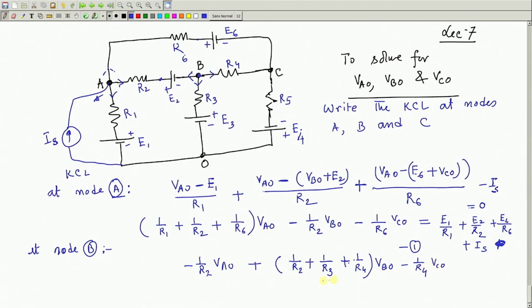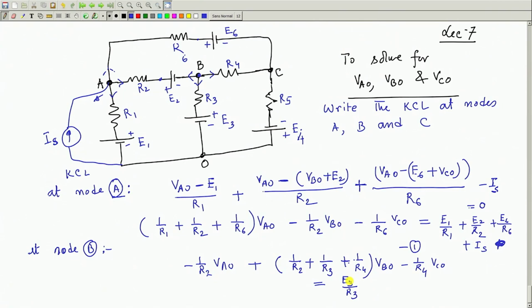Left hand side is over, and right hand side will be all these sources appearing here in the form of currents. Therefore, you see there is a battery connected here to B with plus connected towards B. So, there will be E 3 by R 3 and that will be positive. So, right hand side E 3 divided by R 3, this is correct.